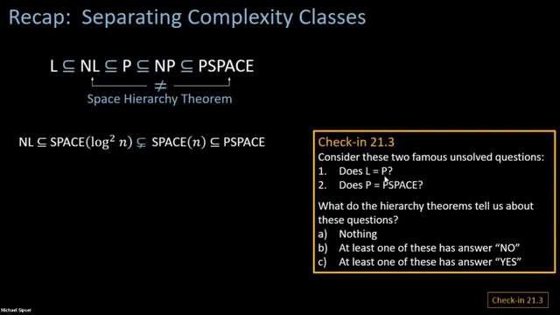So the problem is that we don't have a method for proving problems have high complexity of any sort. We don't know how to show things outside of L, or outside of P, except by using the hierarchy theorem. Diagonalization is the only method that we have for showing things are outside of classes.